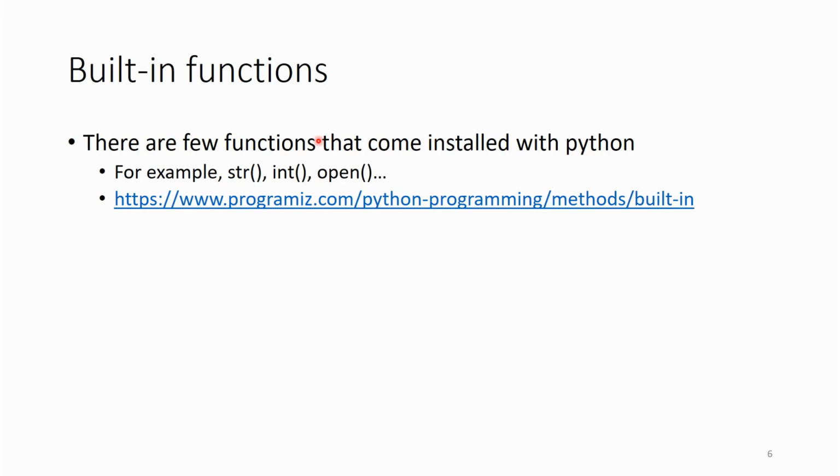On this link here, you can find Python latest version, which contains 68 built-in functions. They are listed alphabetically along with a brief description. So if you feel like you want to know more about this, go ahead and just open it.